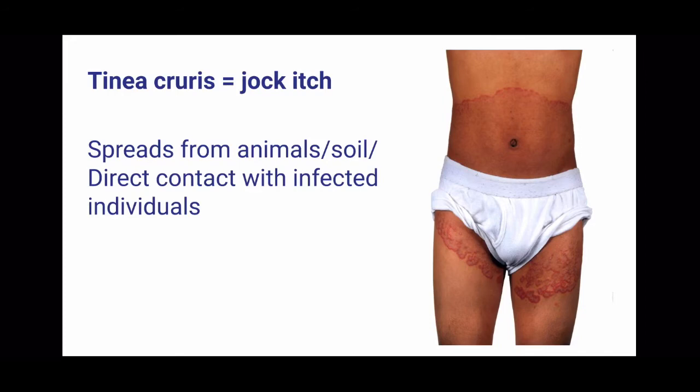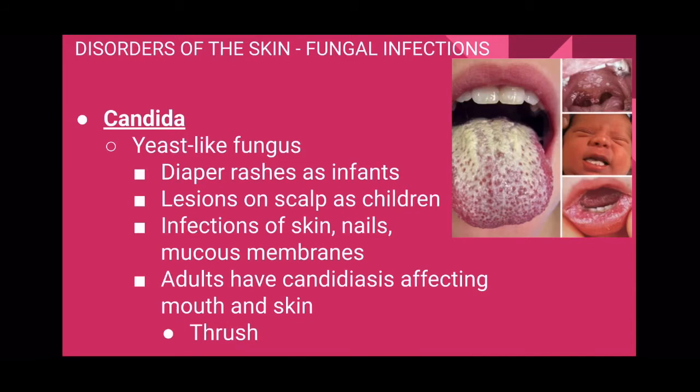The last fungal infection I'm going to talk about is Candida. Candida is a yeast-like fungus that can produce recurrent infections of the skin, nails, and mucous membranes. The first sign usually is a recurrent diaper rash or thrush in infants.